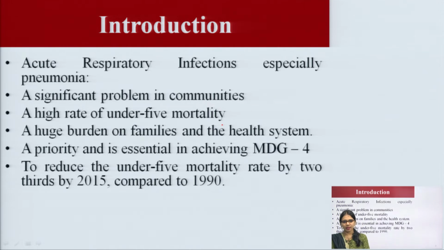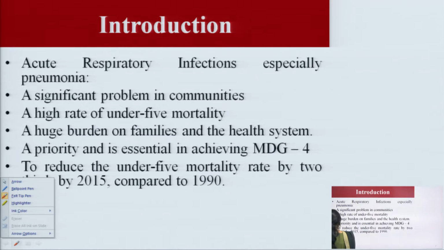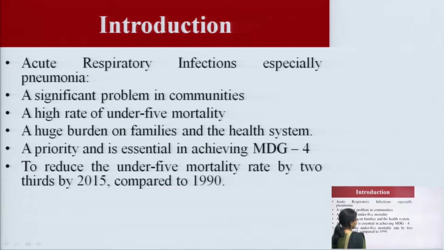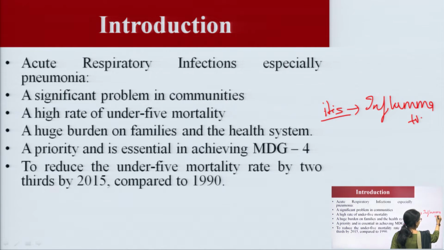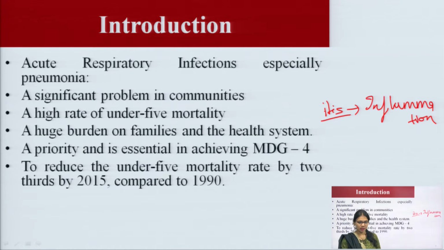Here I will show the symptoms like pharyngitis. A word ending with itis indicates inflammation. If the word ends with itis, then there is an inflammation, so pharyngitis means inflammation in the pharynx.